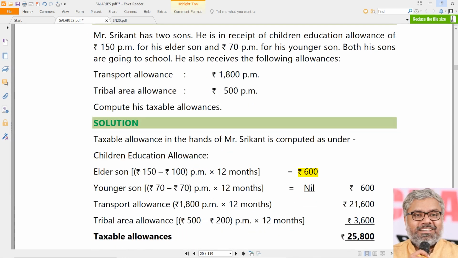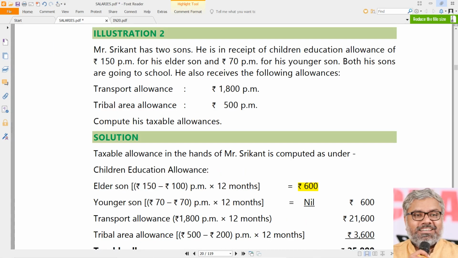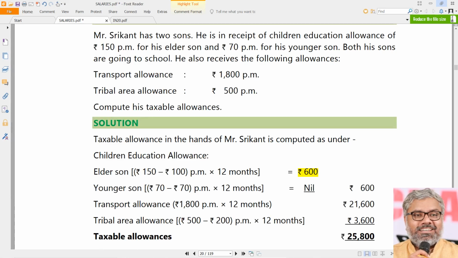Then what about the younger son? 70 rupees per month allowance he is receiving, not the younger son. Srikanth is receiving. Because it is not more than 100 rupees per month, the entire amount is exempt. Up to 100 rupees, nothing is taxable. So entire amount is exempt. So finally, taxable children education allowance comes to how much? 600 rupees.